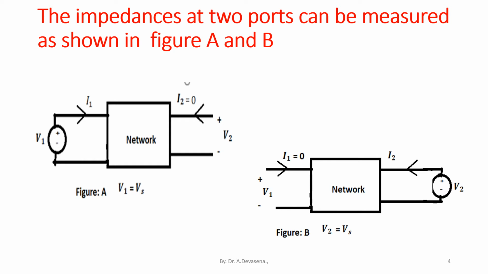This is figure B. Here we have considered V2 is equal to Vs and input current I1 is open circuited, that is, I1 is equal to 0.